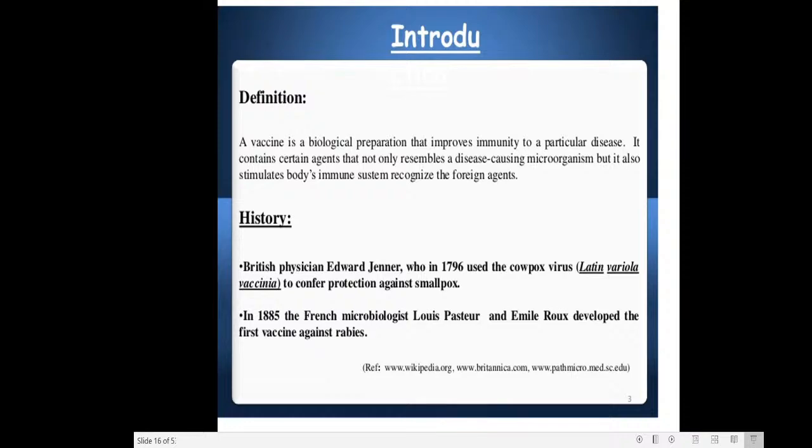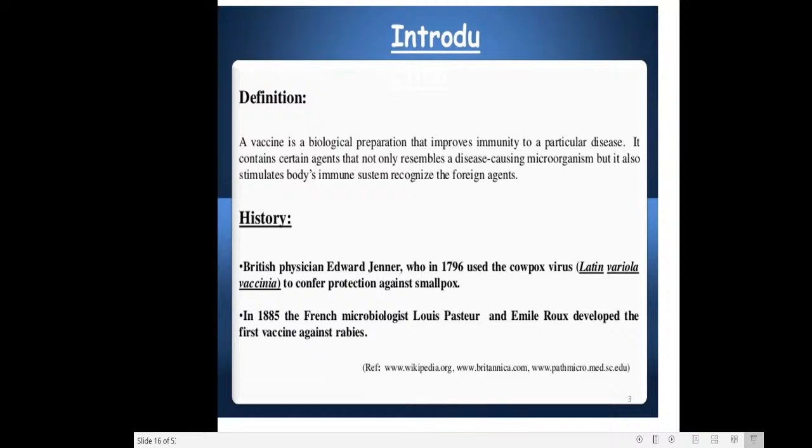In 1885, the French microbiologist Louis Pasteur, with Emile Roux, developed the first vaccine against rabies. The first invention of protection was by Edward Jenner, but the one authorized and accepted by all is the French microbiologist Louis Pasteur.